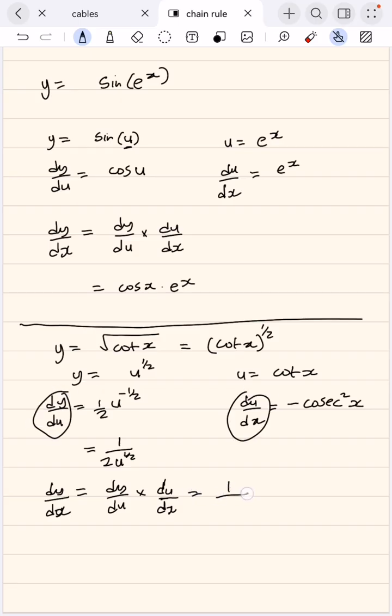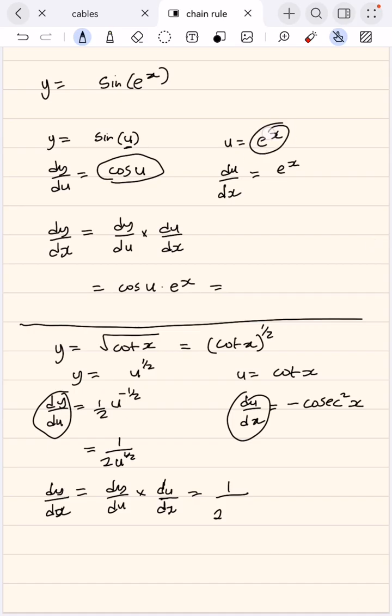Now this is 1 over 2 u exponent half. Okay, so you notice the mistake I made here. The dy dx is not cos x, it's cos u.